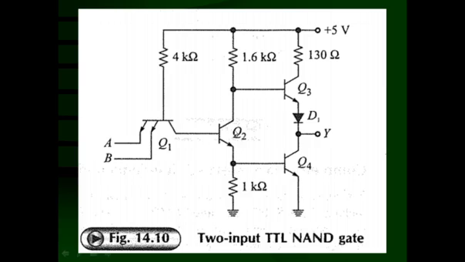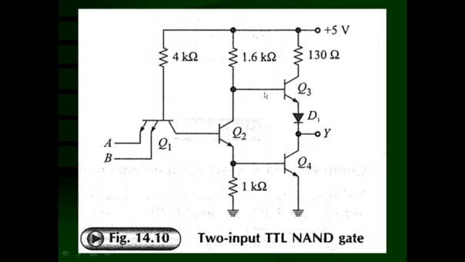You can see that if they are conducting, the voltage will be dropped across this resistance and the potential is going to be low. And when this is going to be conducting, still there is a possibility that this transistor Q3 may conduct slightly. To prevent this, diode D1 is inserted.